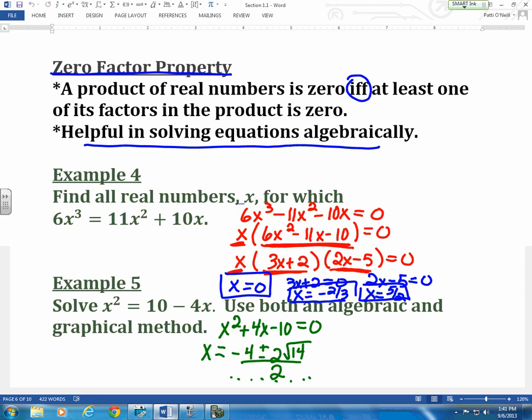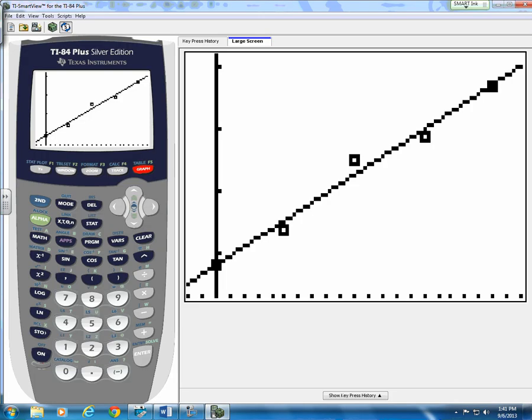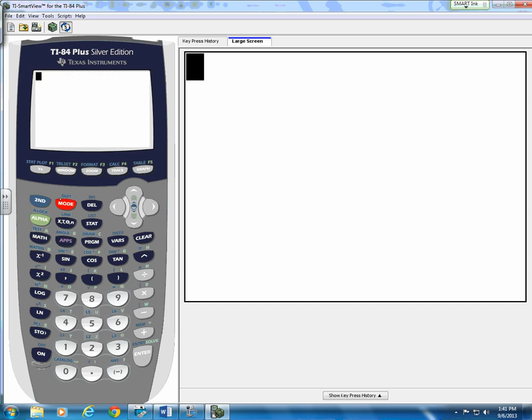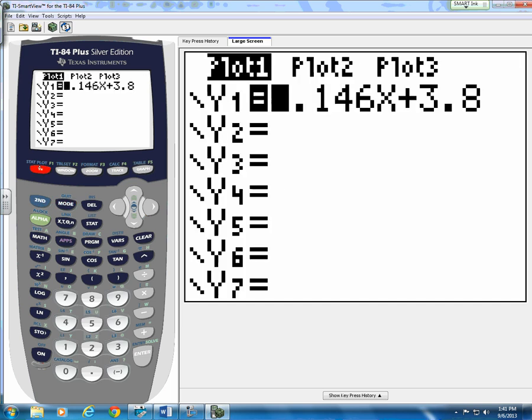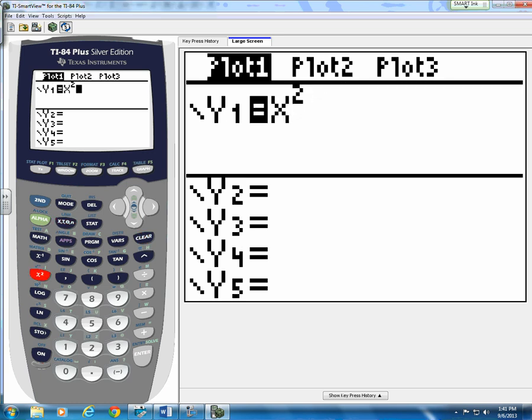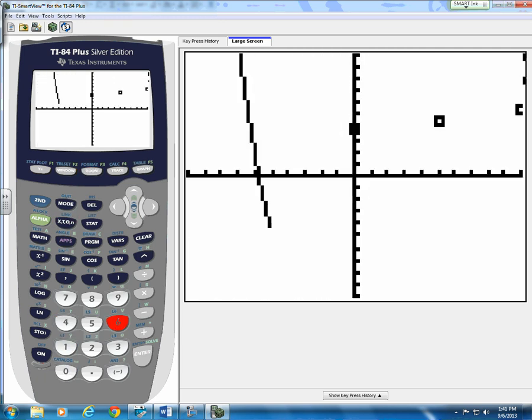We definitely need our calculator, so we'll pull that back up. I'm going to turn my stat plot off so that doesn't interfere with anything else that I do here. If we want to use a graphical method to solve this equation, I'm going to put it in the descending order that I had, plus 4x minus 10, and I'm going to look at that graph, so I'll zoom 6 it.